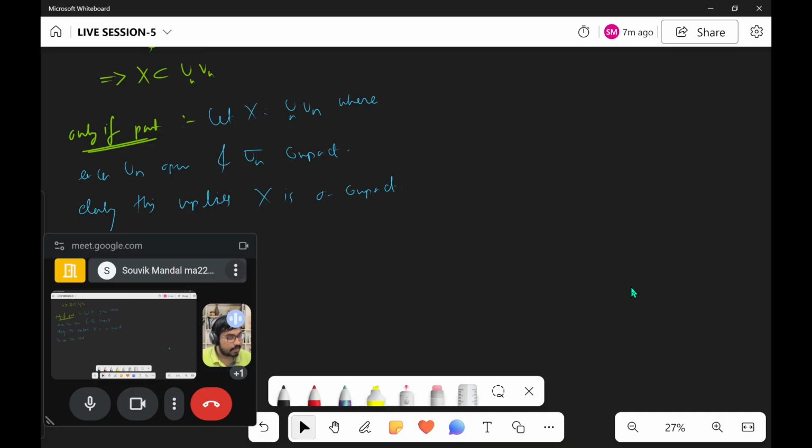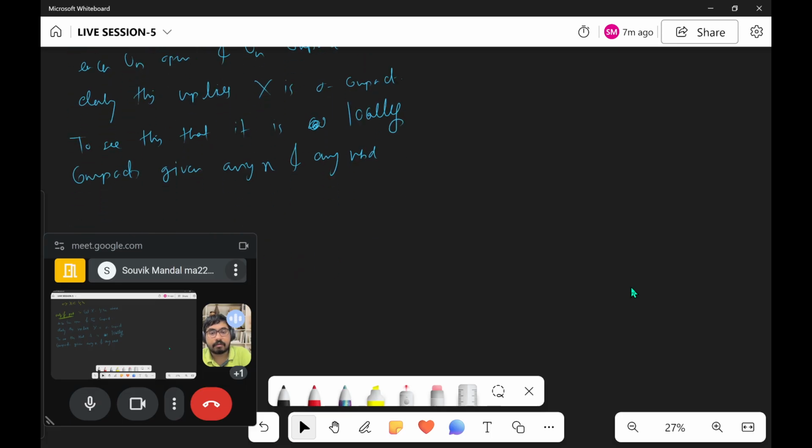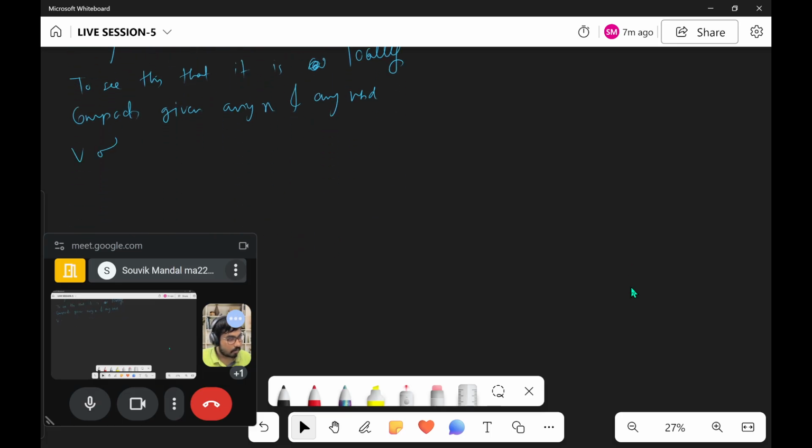To see that it is locally compact, given any x and any neighborhood V of x, take x belonging to U_n for some n.